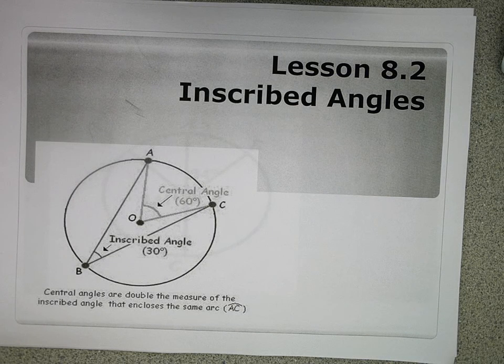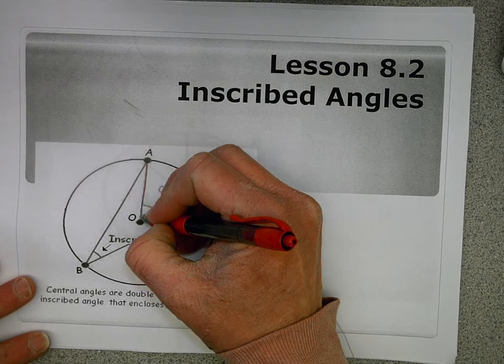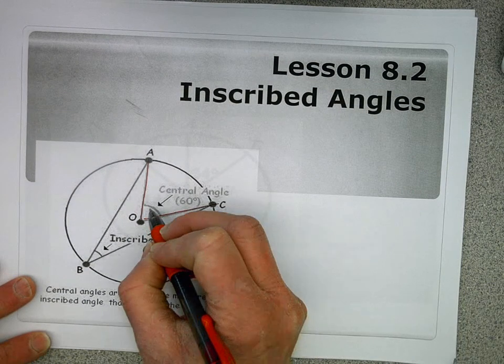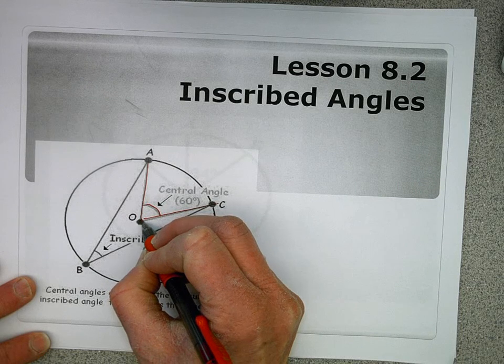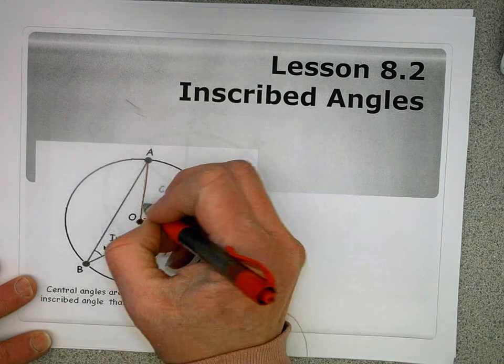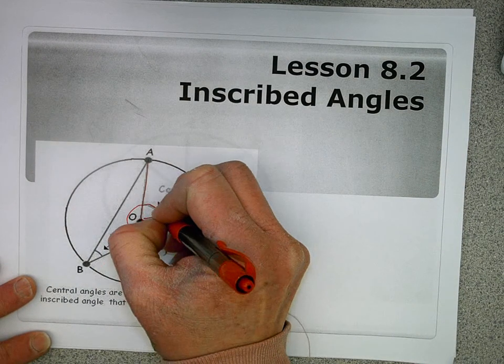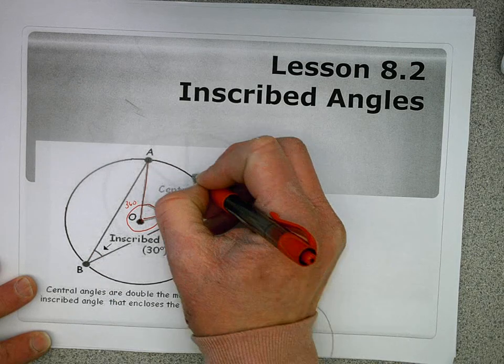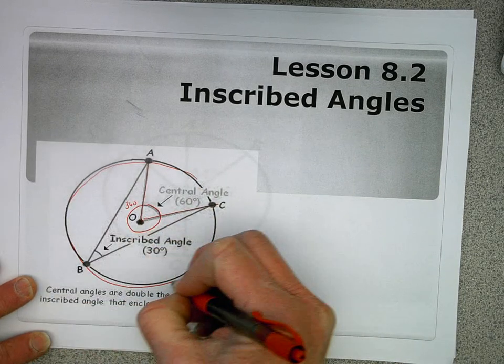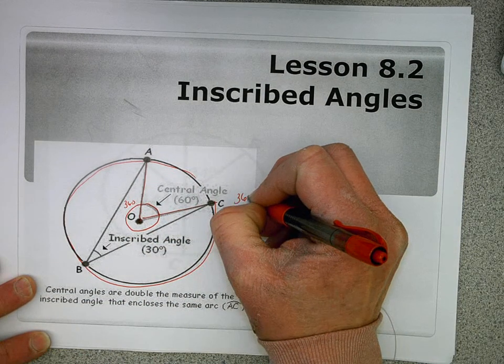After that, please get out notes 8.2. We're going to talk about inscribed angles. Let's recap what we talked about last time. Last time we talked about central angles. Central angles are angles at the center, hence the name, and around the whole center is 360 degrees, and around the whole outside of the circle is 360 degrees.